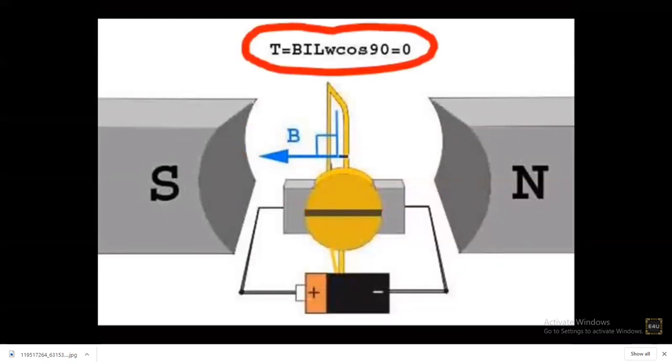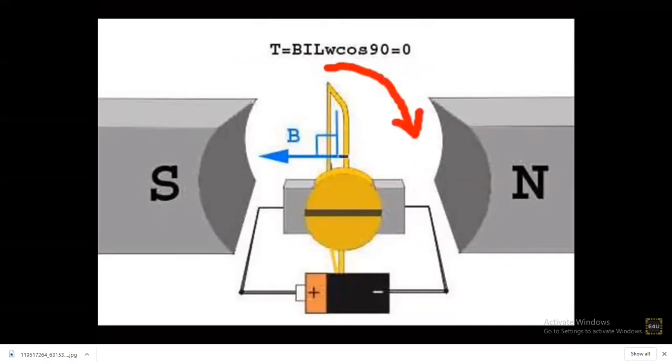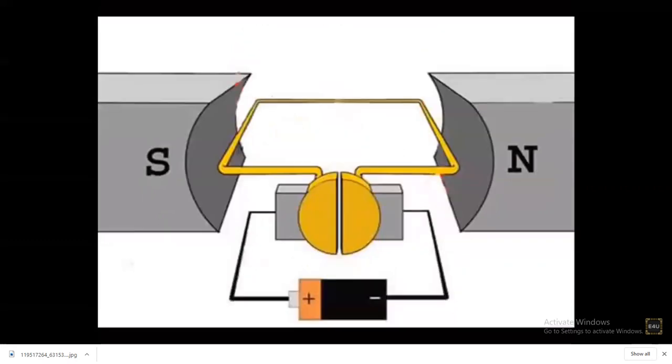Hence, there is no force acting on the conductors, but due to moment of inertia, the turn continues to rotate and comes horizontal again. But the position of the conductors has been interchanged here. That means the conductor which was previously at left position comes to right position, and the one which was previously at right position comes to left position.